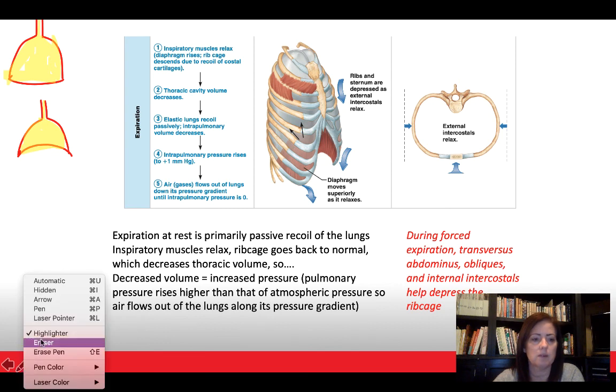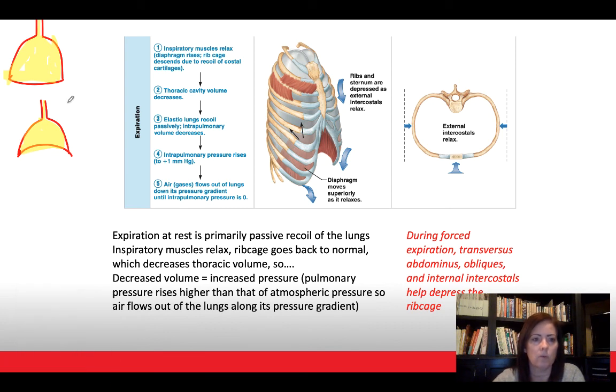So what just happened? We decreased the volume in our thoracic cavity when we expire. Because of Boyle's law, we know that pressure and volume have an inverse relationship. So if volume decreases, what has to happen to pressure? Our pressure is going to increase within our thoracic cavity.